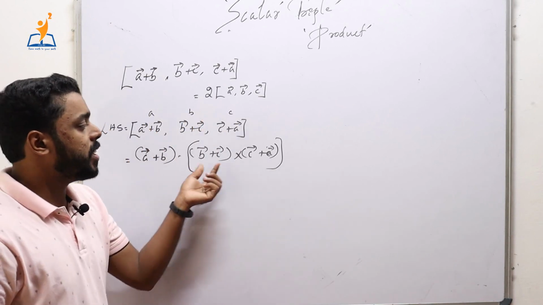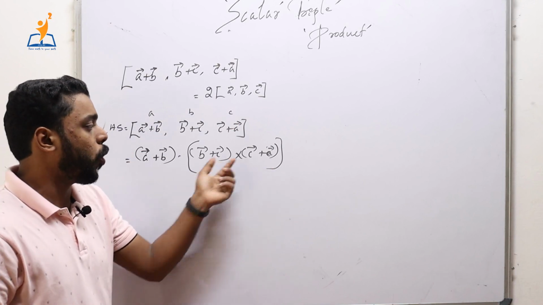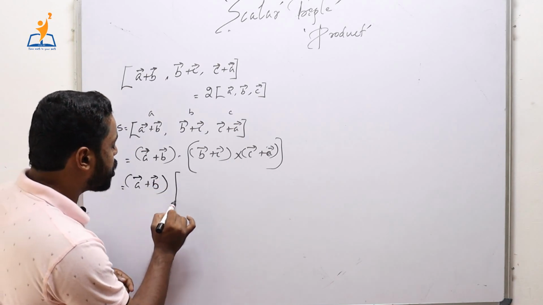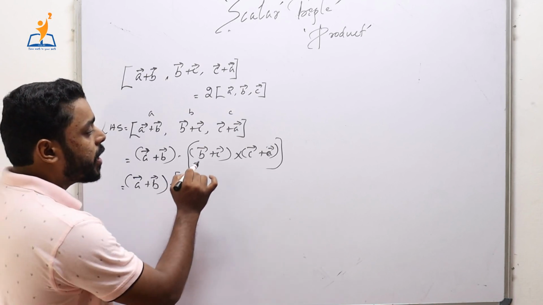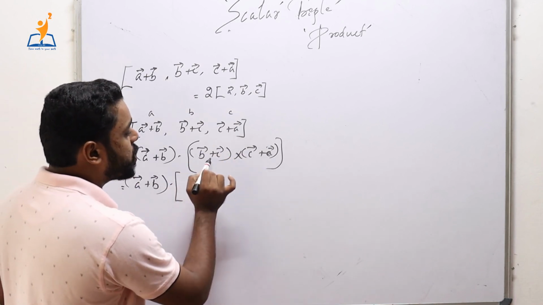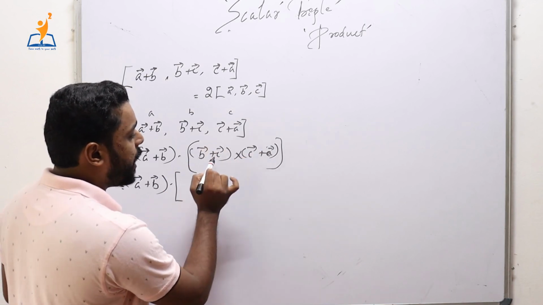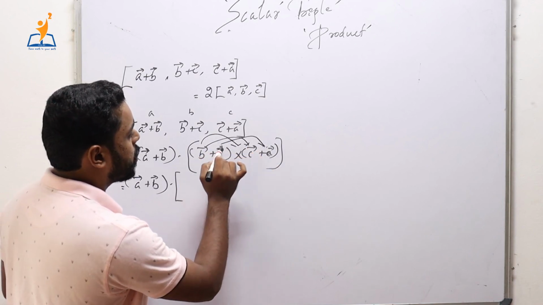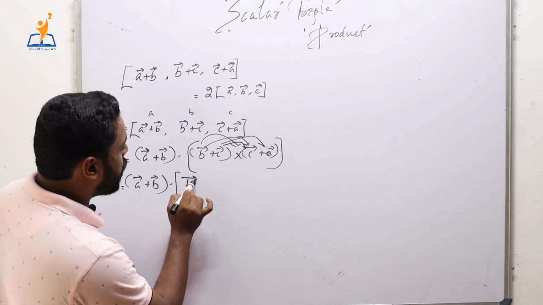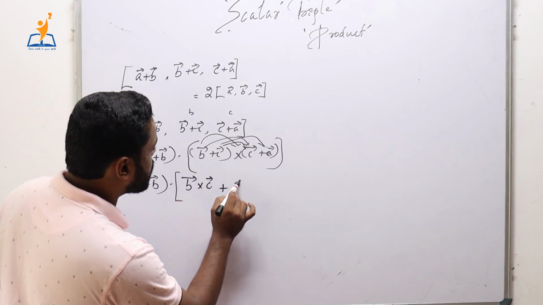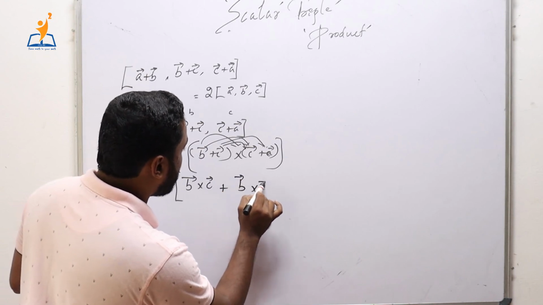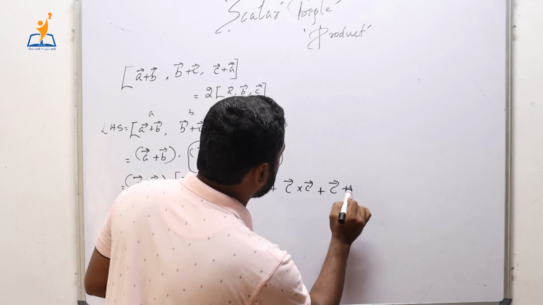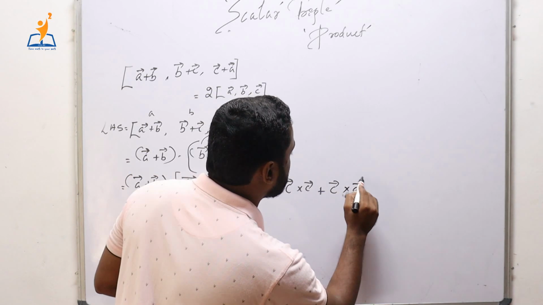Now we can use the distributive property of cross product here, right? It is equal to A plus B dot, and now using the distributive property, B cross C plus B cross A plus C cross C plus C cross A, just using the distributive property.